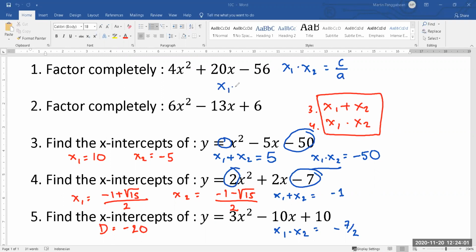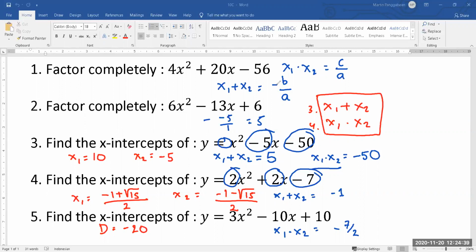And then x1 plus x2 equals -B over A. For number 3, negative B is the negative of -5 over 1, so it is 5. For number 4, since B is 2 and A is 2, -2 over 2 is -1. That is the formula: the sum of the roots and the product of the roots.